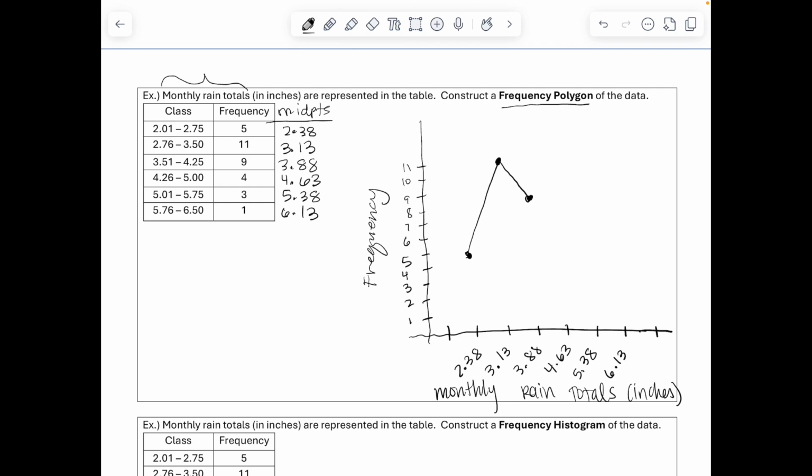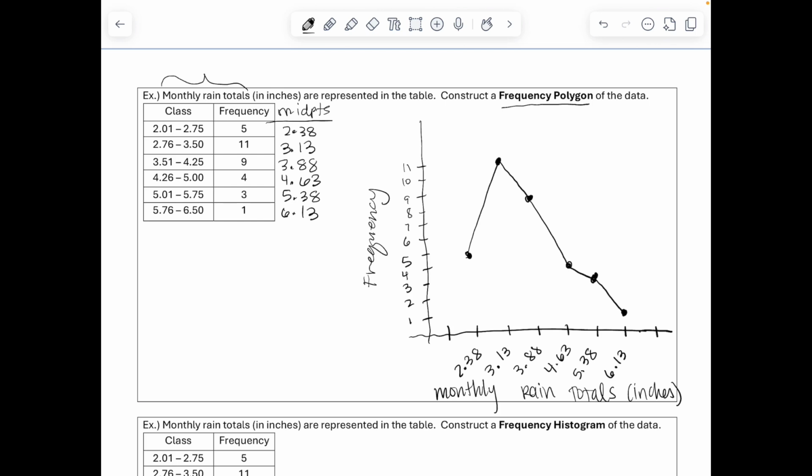At 4.63, frequency is 4. At 5.38, the frequency is 3. And then at 6.13, the frequency that we have there is just 1. And so again, connecting those consecutive points with a straight line.